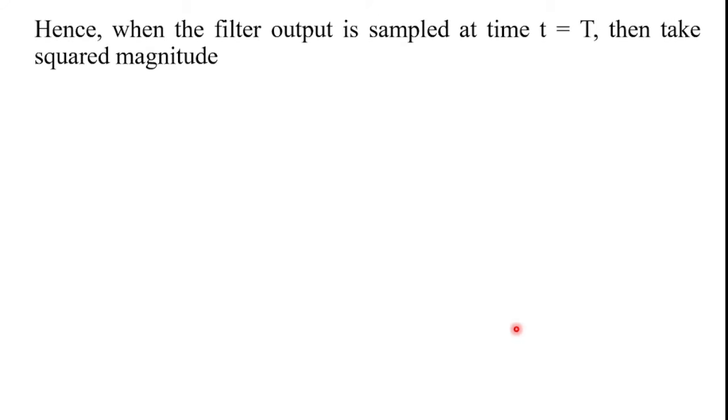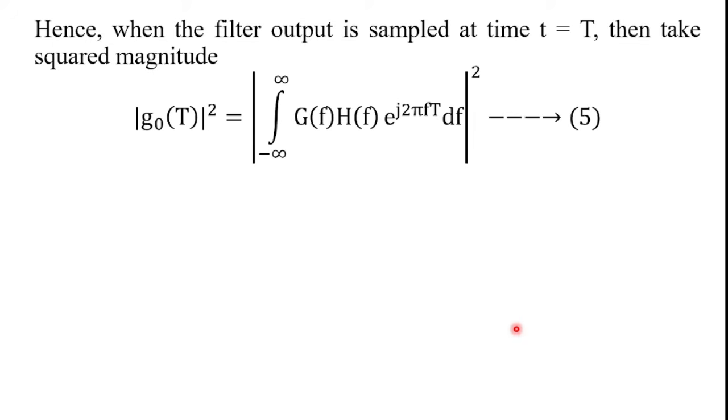Hence, when the filter output is sampled at the sampling instant small t equal to capital T, then take the square magnitude. We get the magnitude of g naught of t in the above equation at the sampling instant small t equal to capital T. Then take the square magnitude, we get magnitude of g naught of capital T whole square equal to magnitude of the integral from minus infinity to infinity of G of f H of f e power j 2 pi f T df whole square.